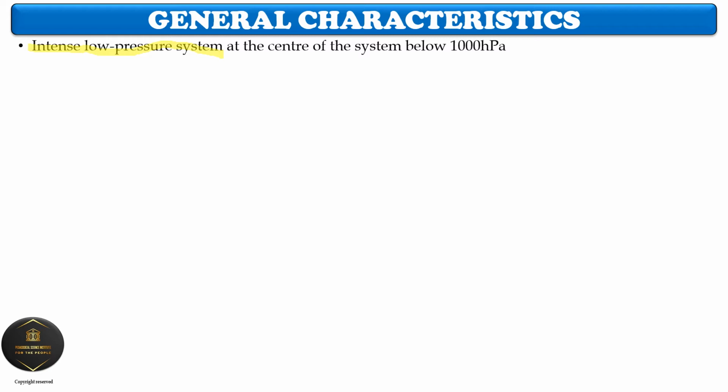So that's how intense the pressure has to be. And the systems will occur in late summer and early autumn, so around January, February, and early March, right?